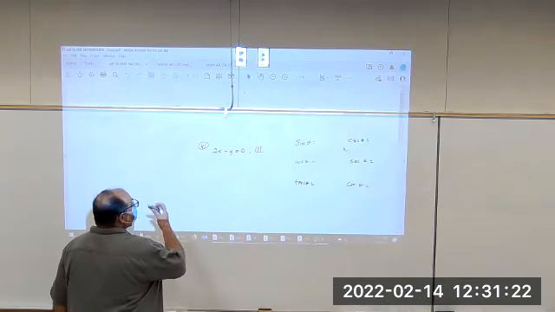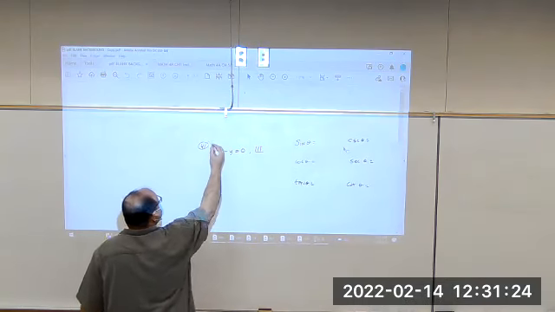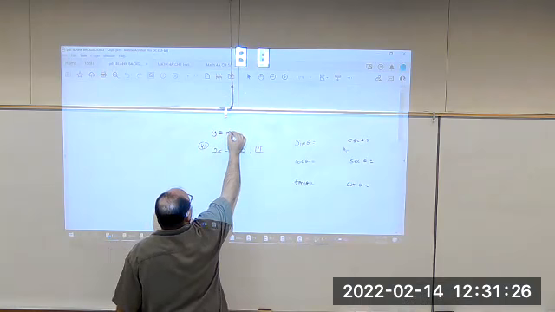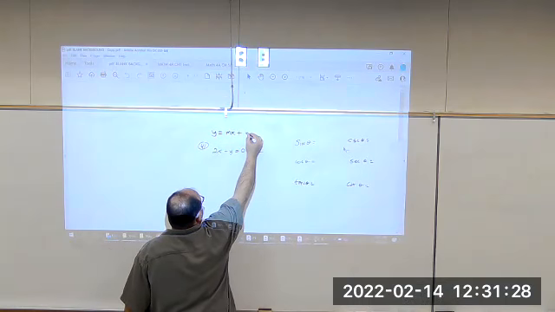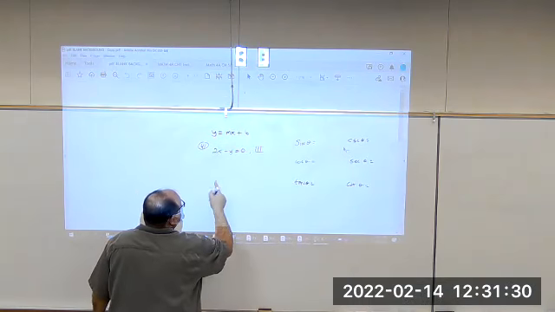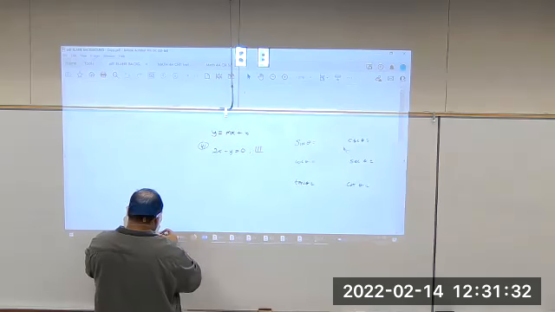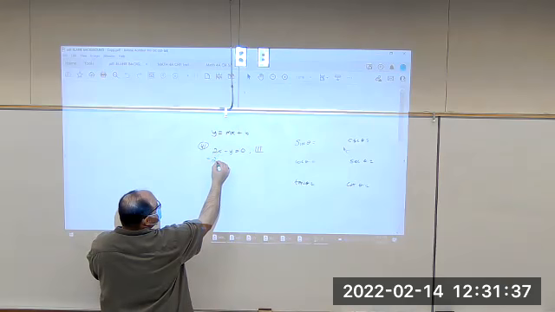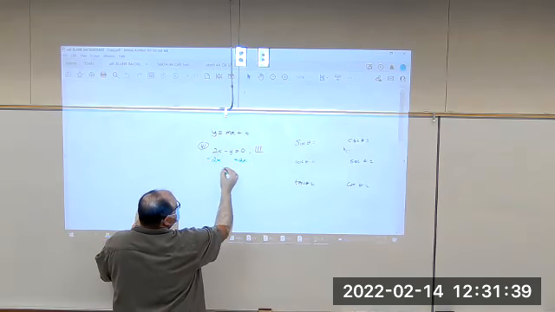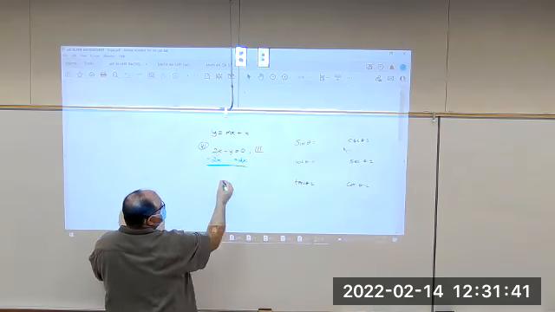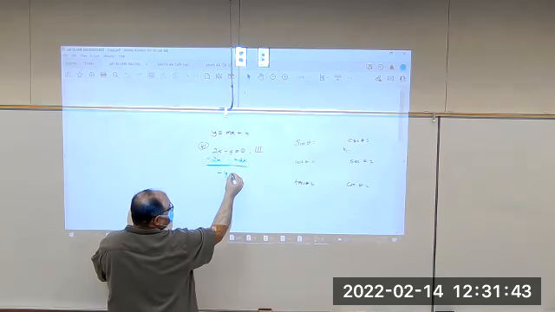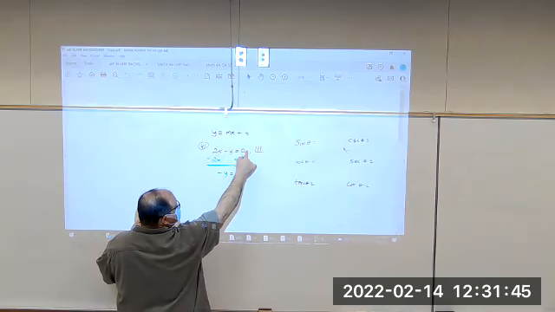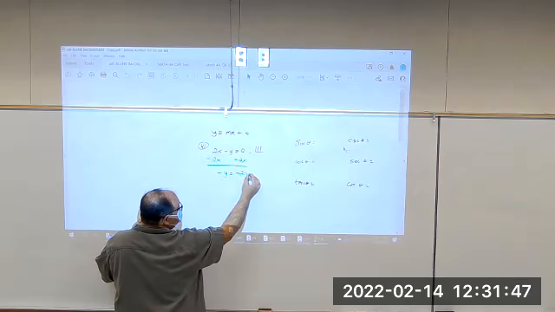If I'm going to graph a line, I probably want to solve for y equals mx plus b. So if I have 2x minus y equals 0, then I'm going to subtract 2x from both sides so I can get y by itself. That's a negative y. On the right-hand side, 0 minus 2x is negative 2x.